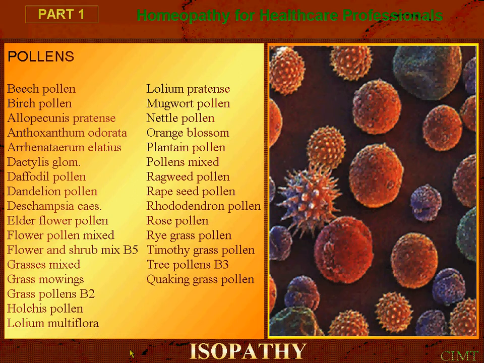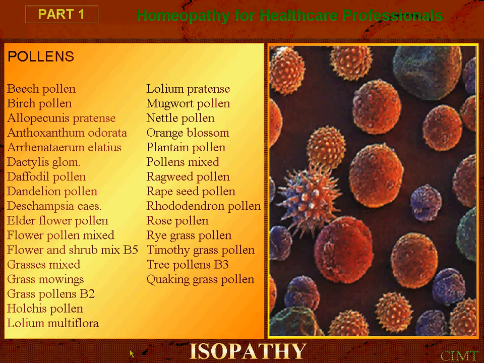You have to be a little bit careful, because when it comes to isopathic ordering, you have to order very specifically the nettle by its common name. For example, nettles are Urtica urens. Urtica urens is a remedy. It's a potency of nettle, but it's not the same remedy as nettle pollen. So for the isopathic agents, you will very often be using the common name rather than the Latin name.